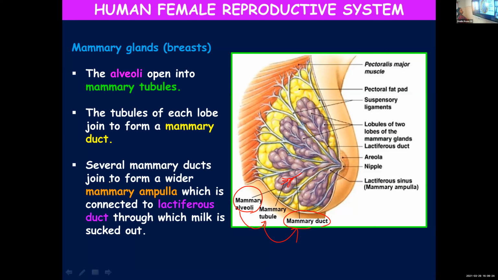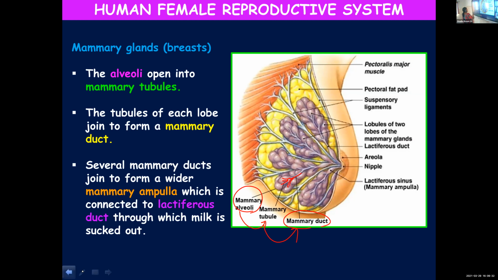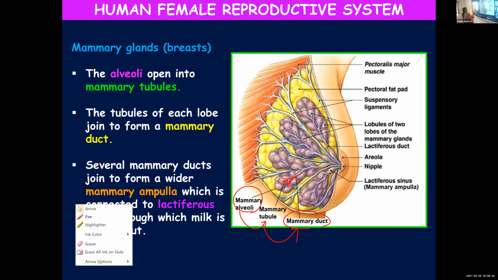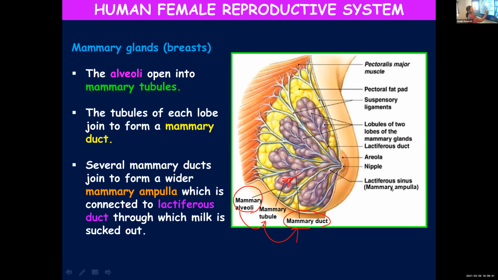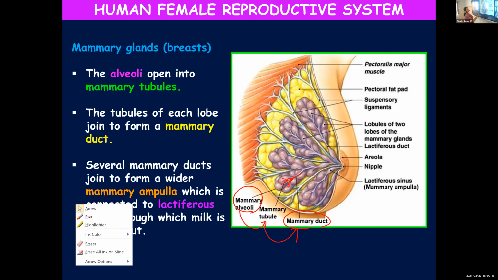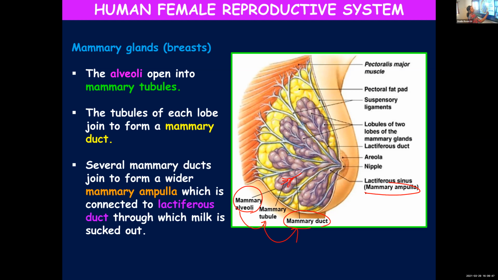Several mammary ducts will join together to form a wider mammary ampulla. Lactiferous sinus, you don't have to learn that name. You need to know only mammary ampulla. So mammary ducts join into a wider portion.